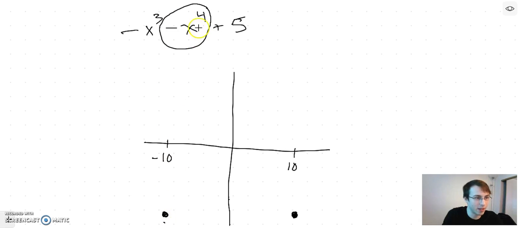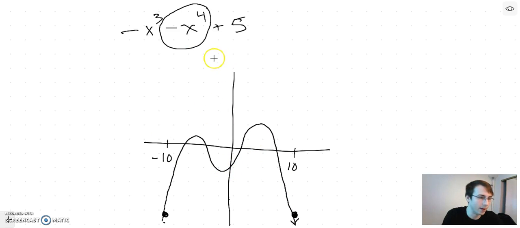So how many turns do we have here? Well, we look at 4. 4 minus 1 is 3. We have 1 less than 4. So we've got 3 turns, potentially. 3 is the max that it can have. So maybe it looks like 1, 2, 3. Maybe something like that.